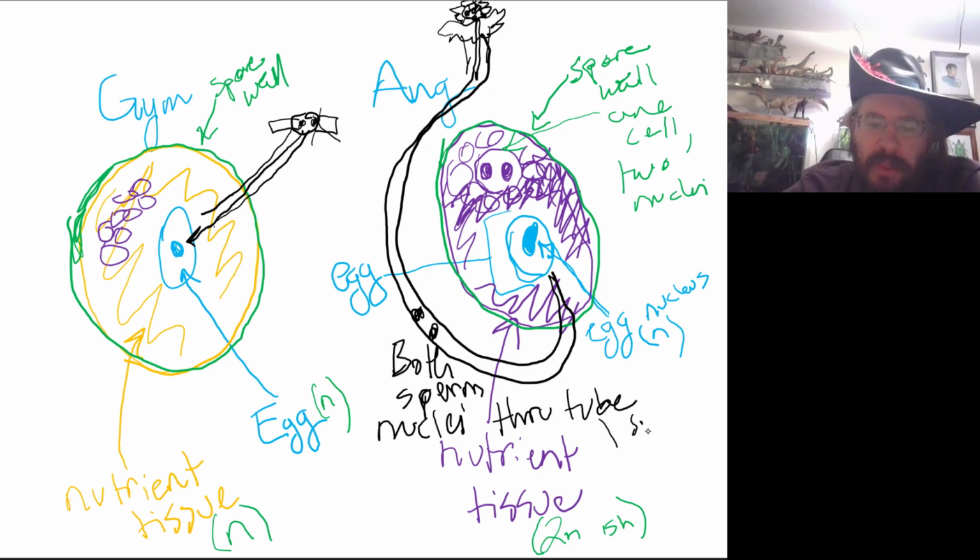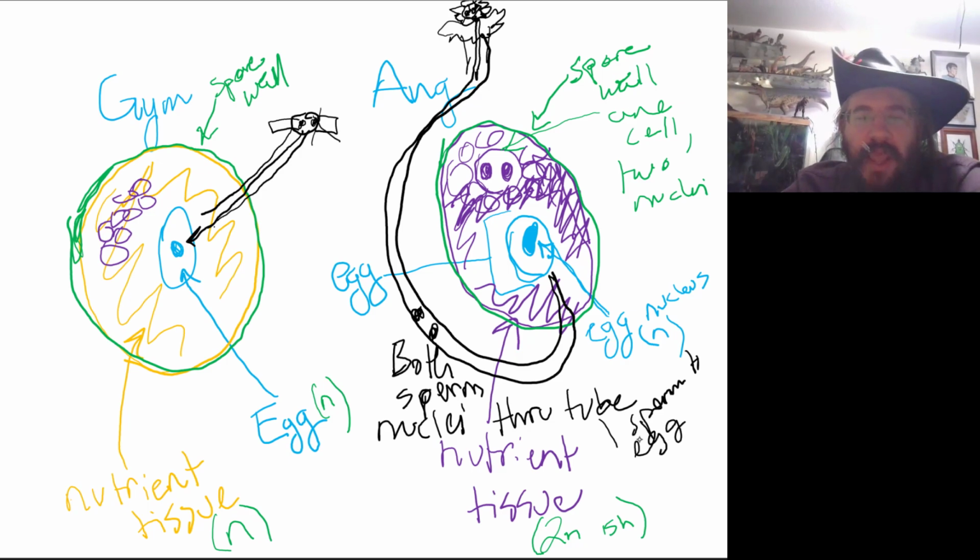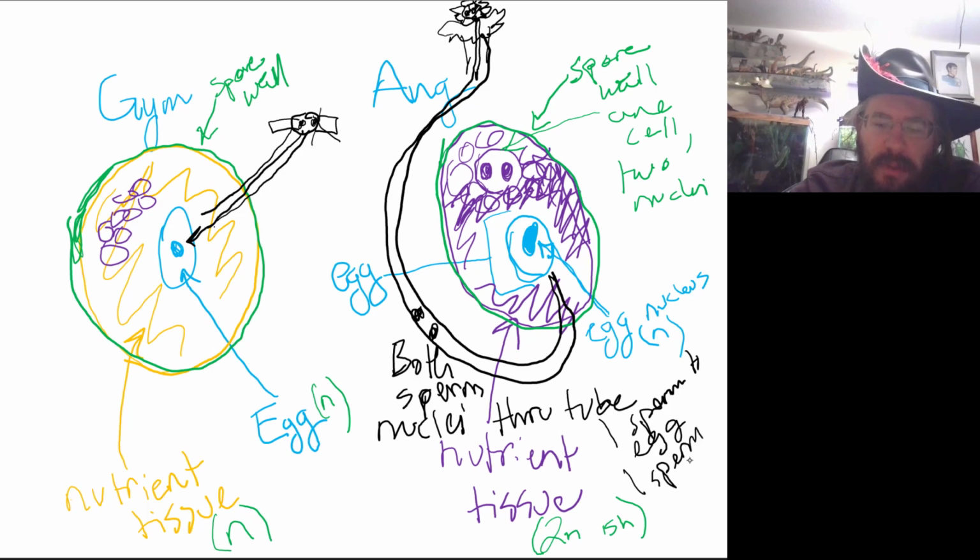One sperm to egg. The other sperm goes to the nutrient tissue.